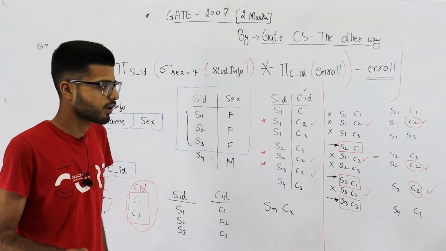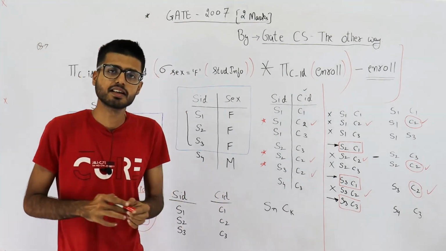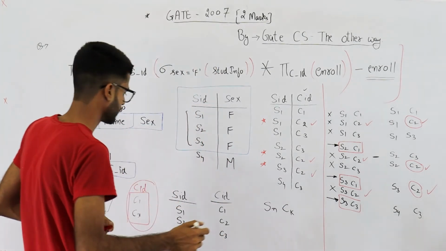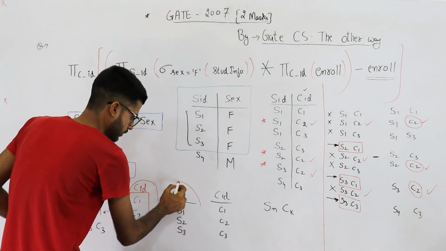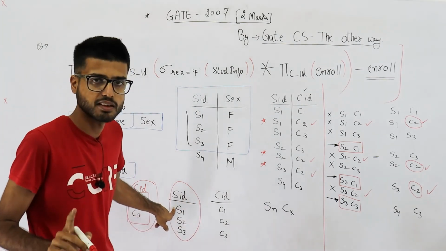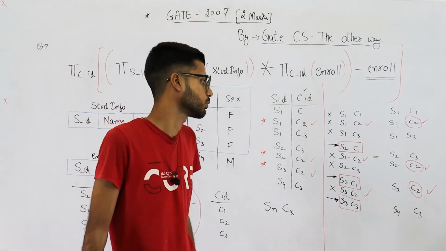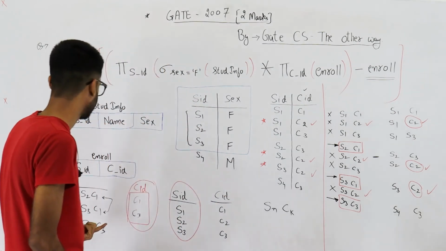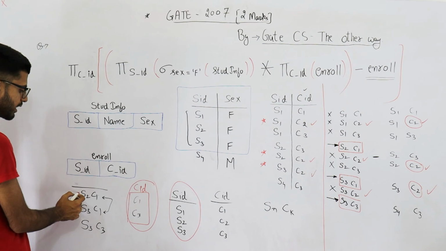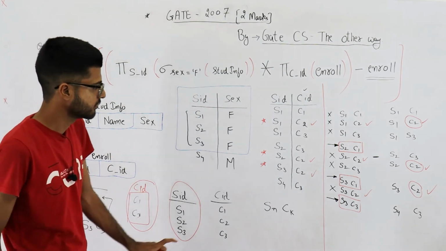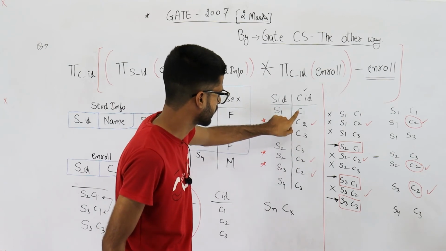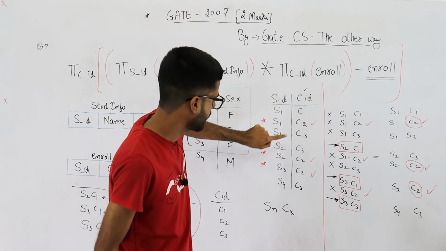Now, for all those courses where each and every girl is not enrolled, a proper subset of girls has opted for that course. That means even if one girl is there who has not opted for that course, the course will be present in the result, because for C1 there is a girl S2. For course C1 there is a girl S2.